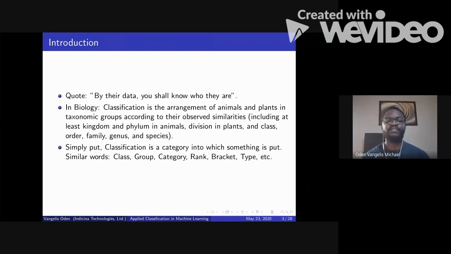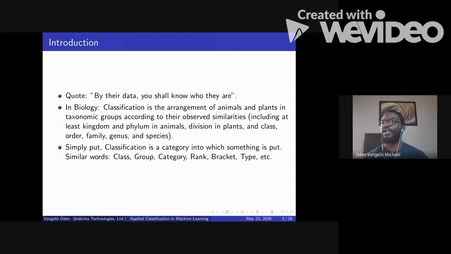And then we have the phylum, the division in plants, and class, order, family, genus, and species. So these are deep levels. For those of you who did biology, you would always remember this tree of the parent class, then other classes inheriting and branching out to their various subclasses. So simply put, classification is a category into which something is put.